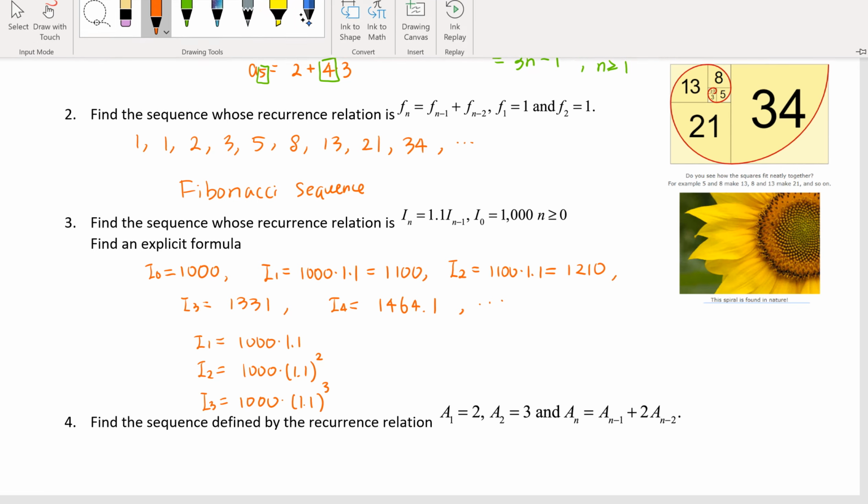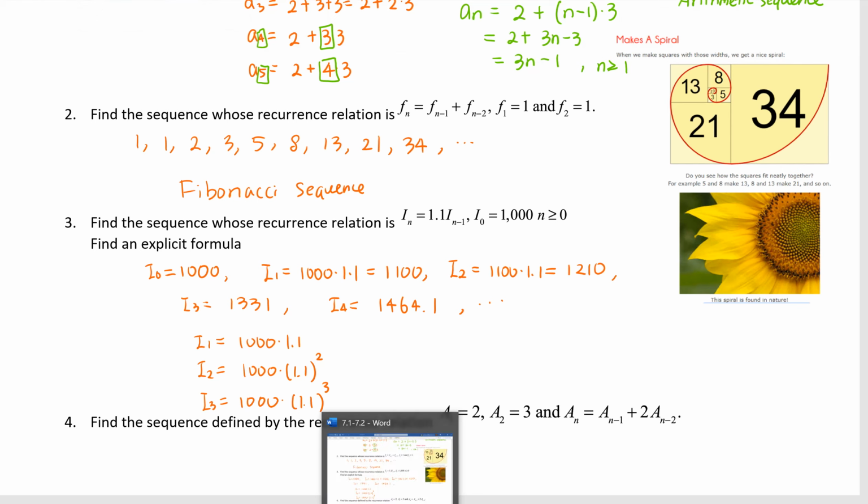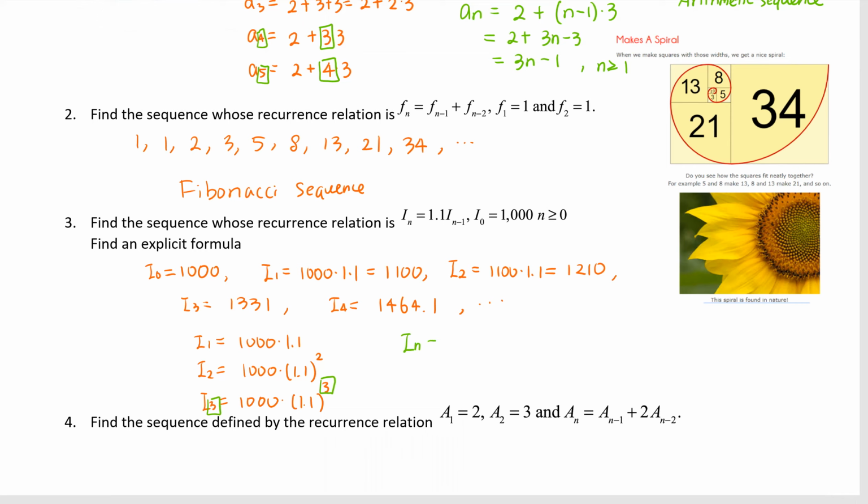Okay. What is changing? Is the 1000 changing? Is the 1.1 changing? No, the exponent of it is changing with the index, and it's the same number as the index. That's why I_n is 1000 times 1.1 to the n.